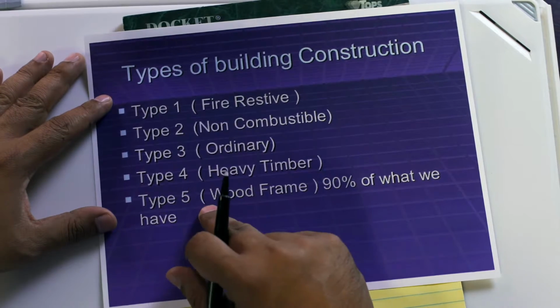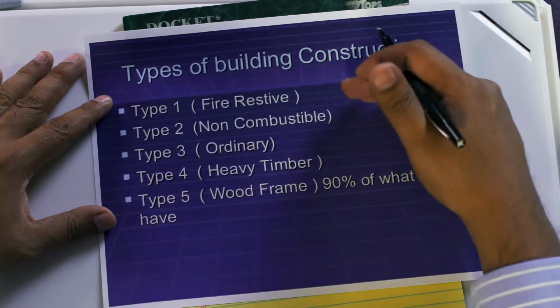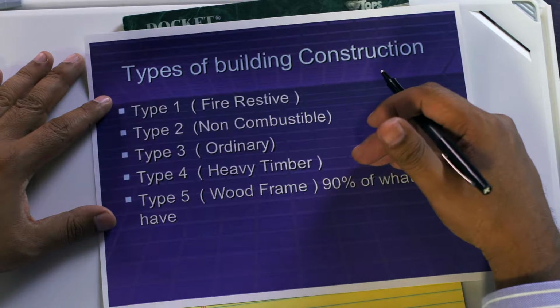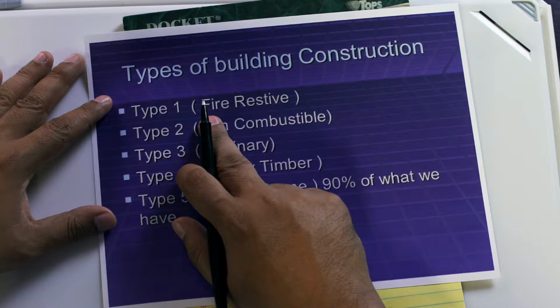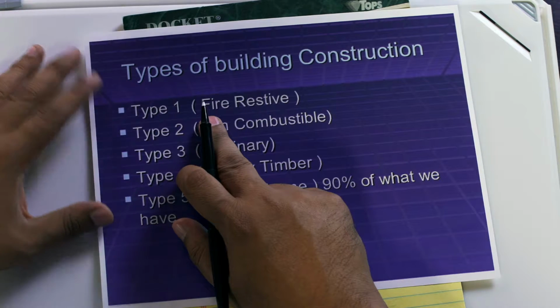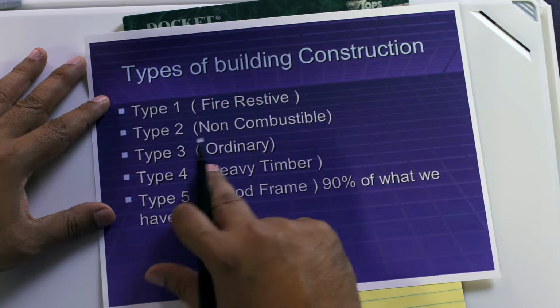How does wood fit in with the building code in terms of type of construction? All of the buildings that are built fall into 5 categories, types 1 through 5. And they are rated in accordance with their fire resistive capability. Type 1 being the best. That's usually a concrete building or a steel building with fireproofing. Type 2, non-combustible. Type 3, ordinary.